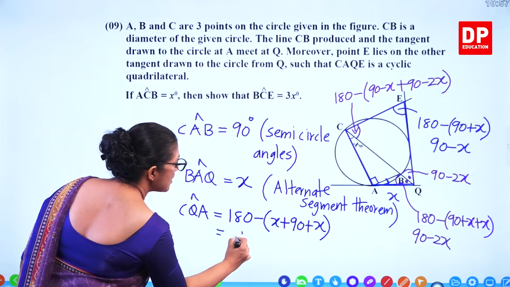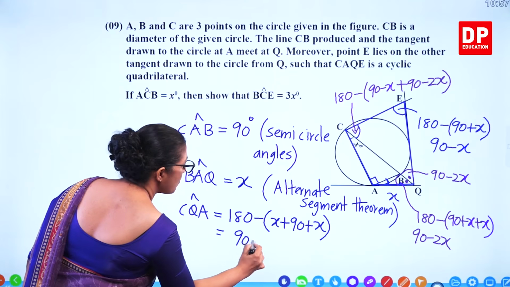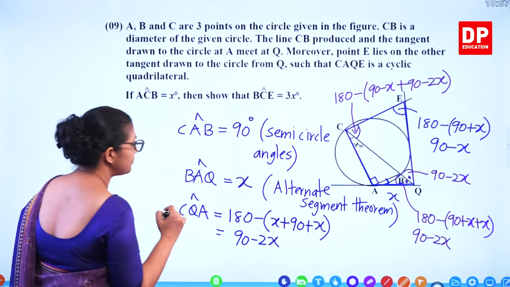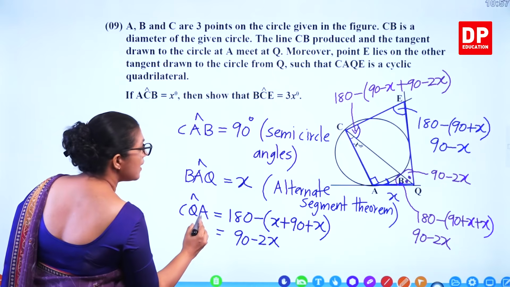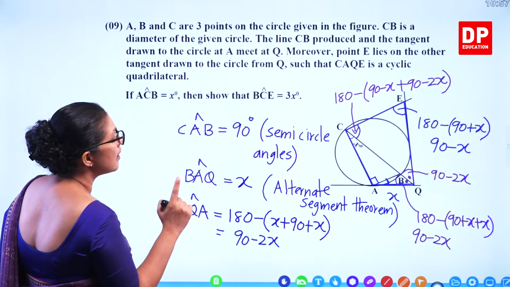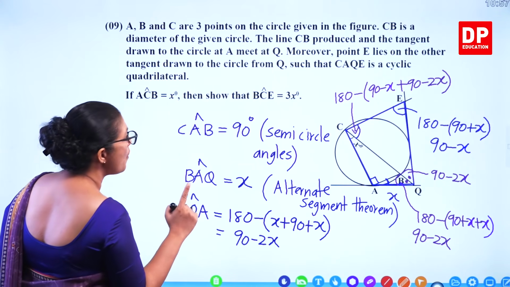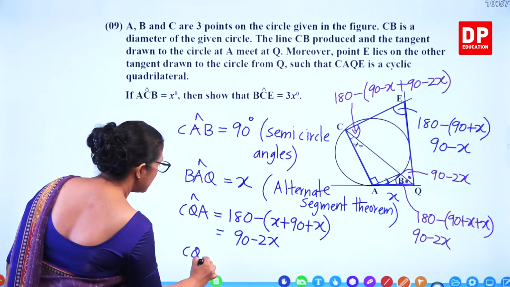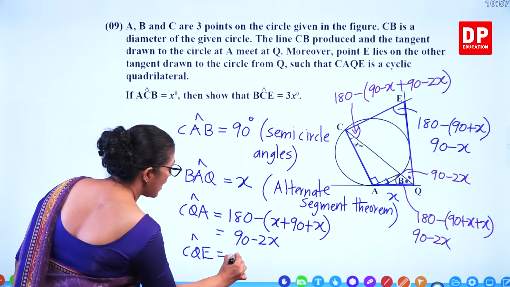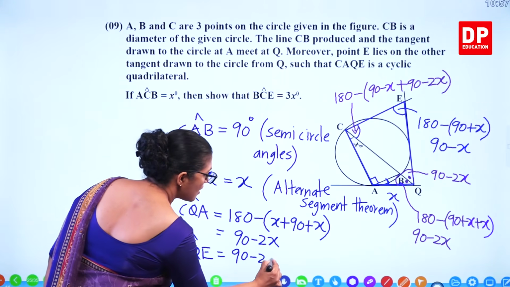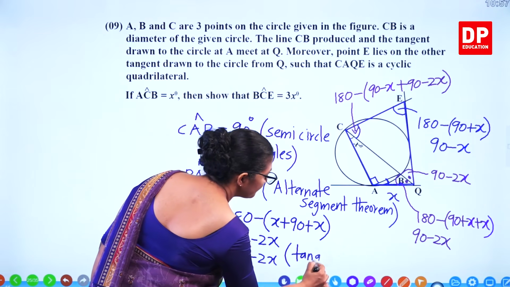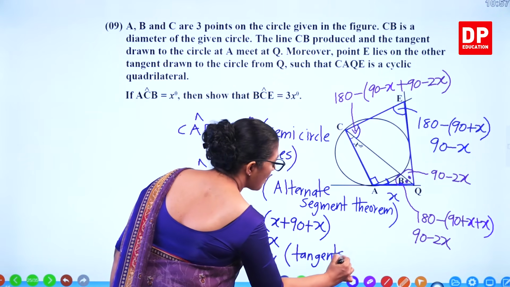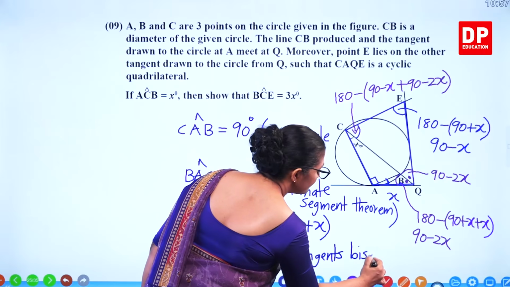From that you get 90 minus 2x. Then you can say CQE angle is also 90 minus 2x. What's the reason? Tangents bisect the angle.